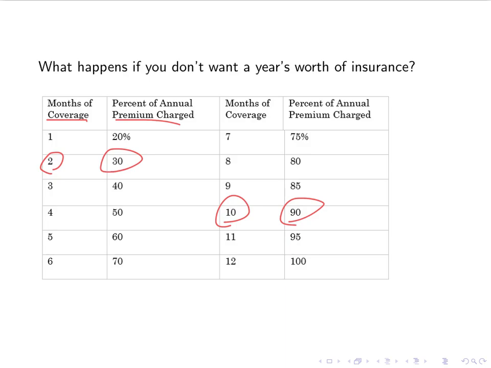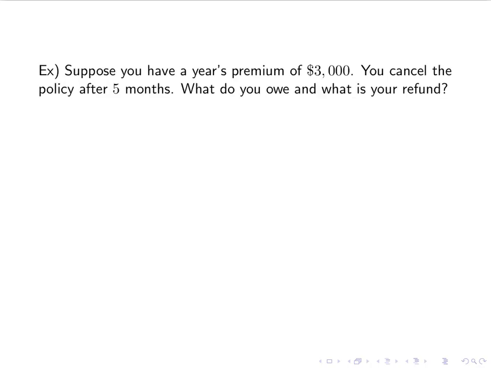So I'm going to go over a couple examples. But again, this table is only if the business owner cancels. So, suppose you have a year's premium of $3,000. You cancel the policy after 5 months. What do you owe and what is your refund? So I go to my table, the business owner is canceling, which is you.